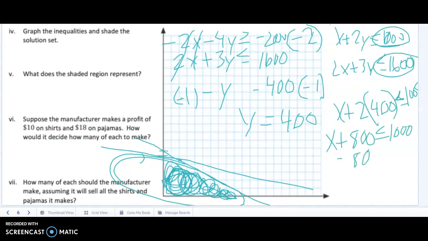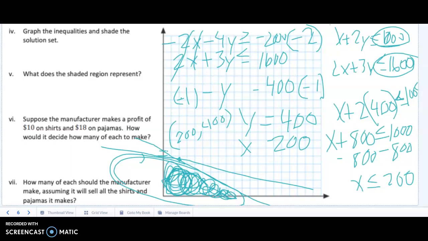Or subtract 800, subtract 800. X is less than or equal to 200. So X would be 200. So this right here, where it crosses, would be the point 200, 400. We know that's where that's going to cross.